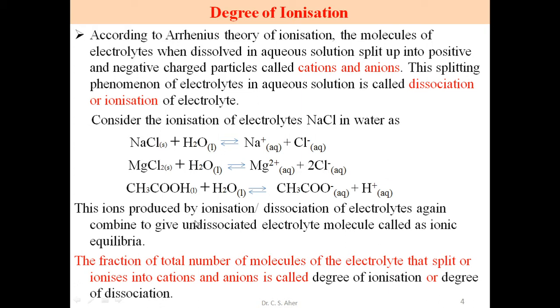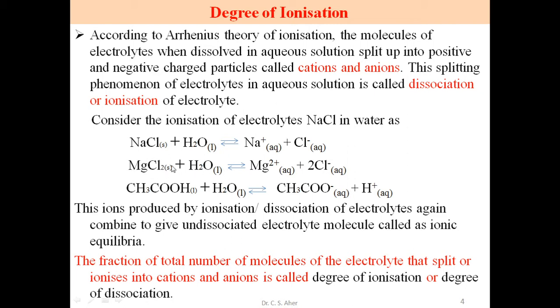The ions produced by ionization or dissociation of an electrolyte again combine to give undissociated electrolyte molecules, called ionic equilibria. So this reaction we write in equilibrium form. So what is ionic equilibria? The electrolyte in aqueous solution produces ions, and these ions combine back to form undissociated electrolyte. So magnesium 2 plus combines with 2Cl minus in the reverse direction to form magnesium chloride.